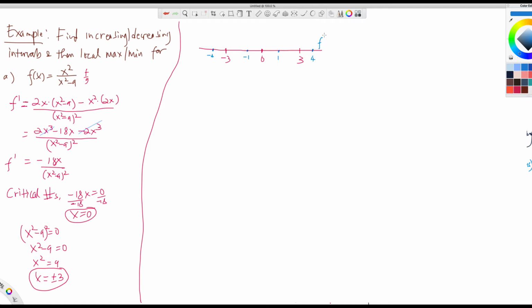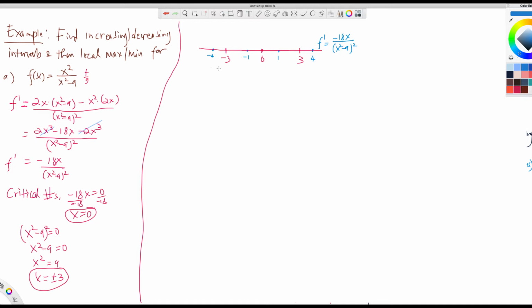What is f prime? f prime is -18x divided by x squared minus 9 squared. You see that since there is a whole square on the denominator, whatever number you pick, it will give you positive. So the denominator is always positive for all these test points, because there is a whole square. But the sign of f prime is determined by the sign of the numerator.